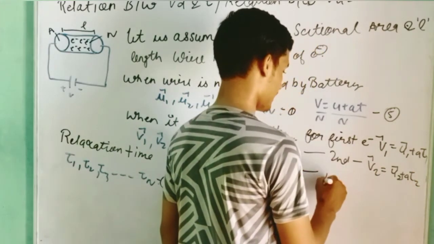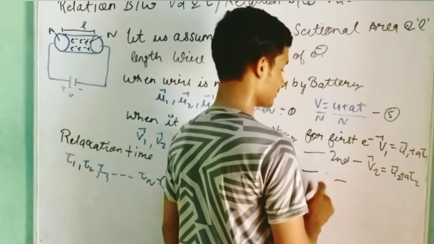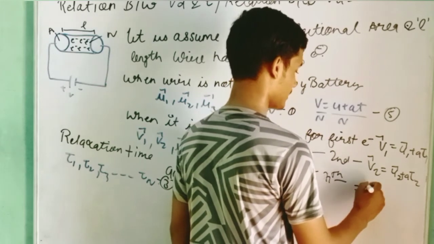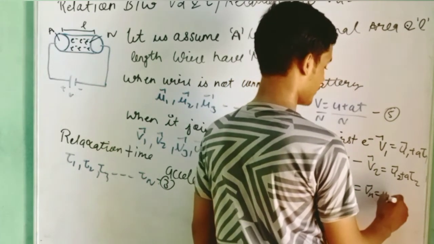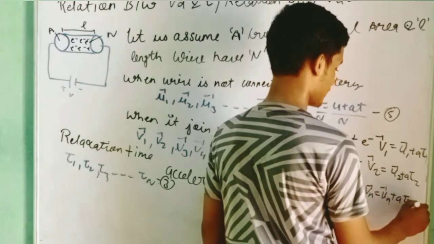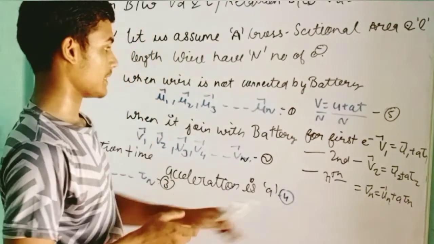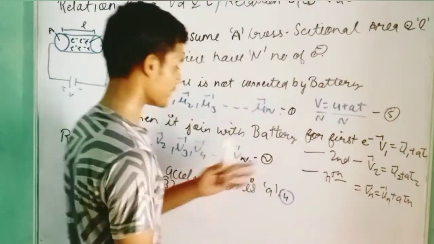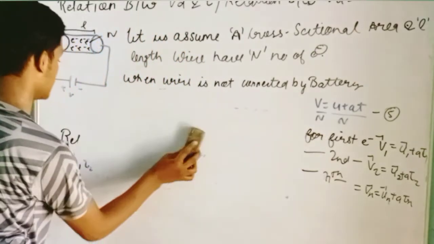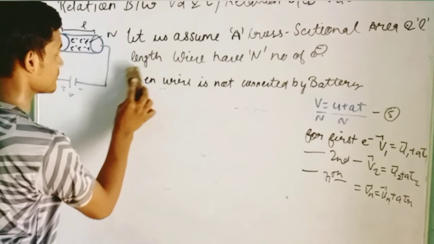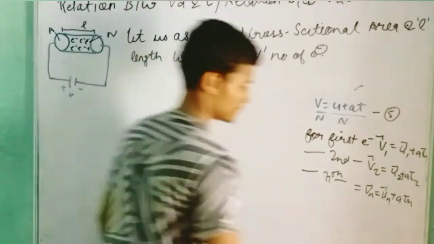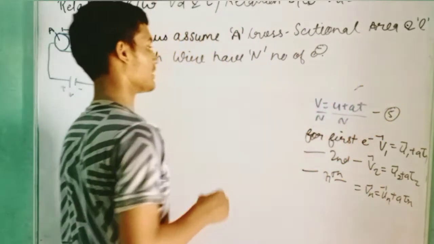Now for the nth electron, it is vn is equal to un plus a tau n. So these are the equations, and we need these equations.